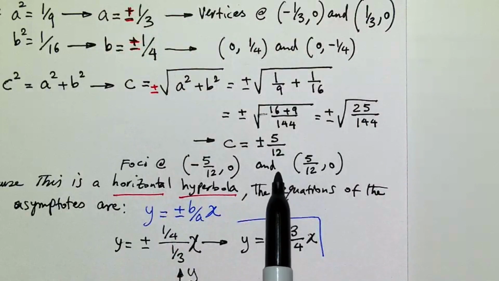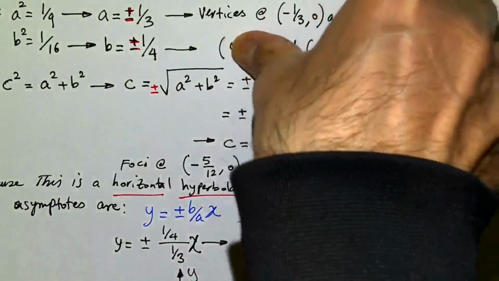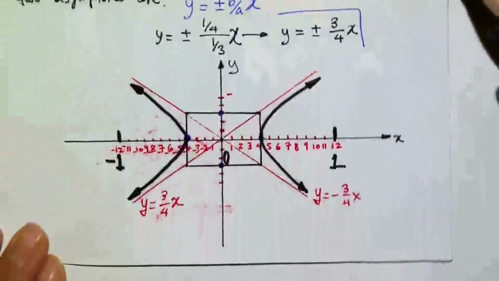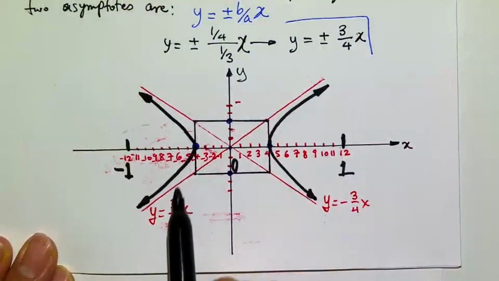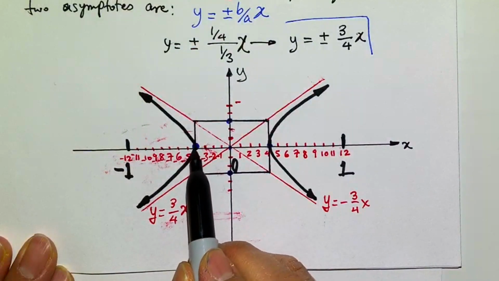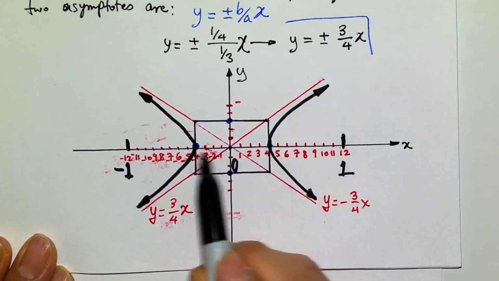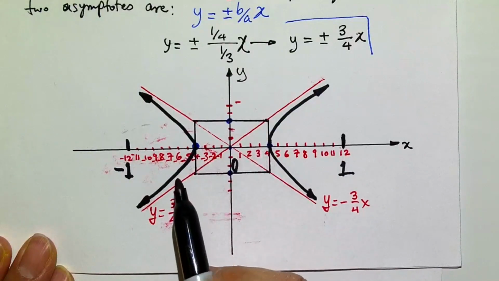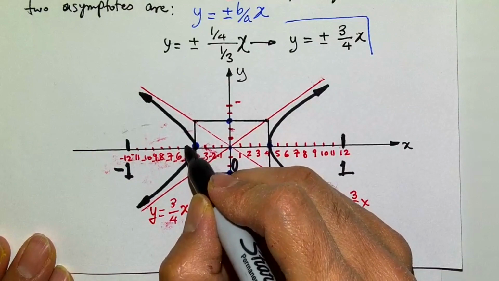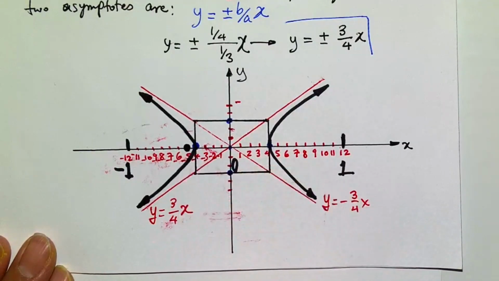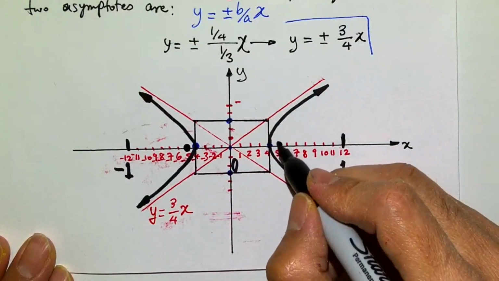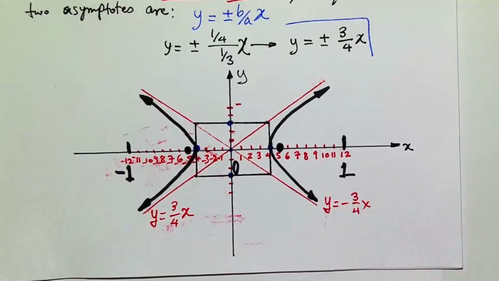C was 5/12, plus or minus 5/12. So out of those increments, we know that four increments determine where the vertices are. The foci are at 5/12. So that's where the foci are going to be, right there. And on this side, there it is.